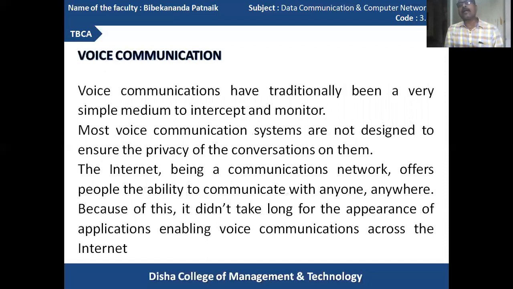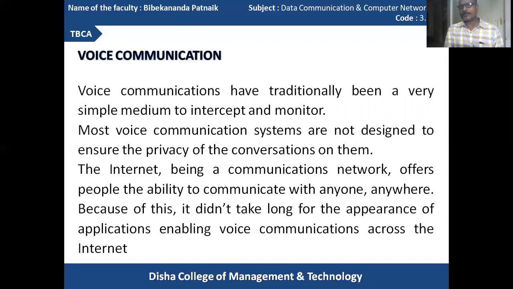Voice communication has traditionally been a very simple medium to intercept and monitor. So every individual voice should be recorded in a proper manner and properly monitored.